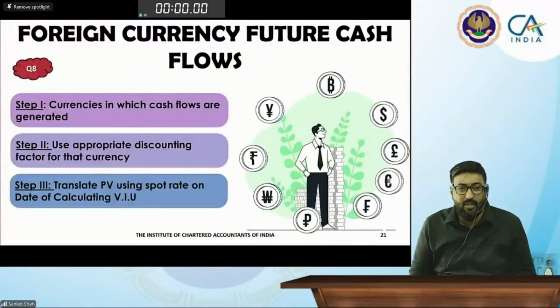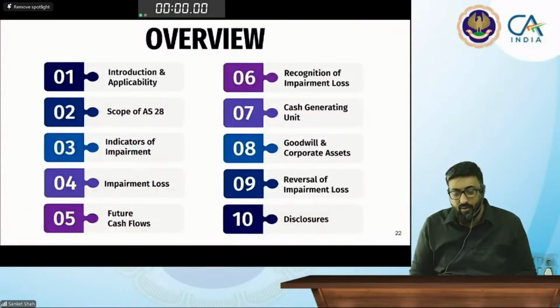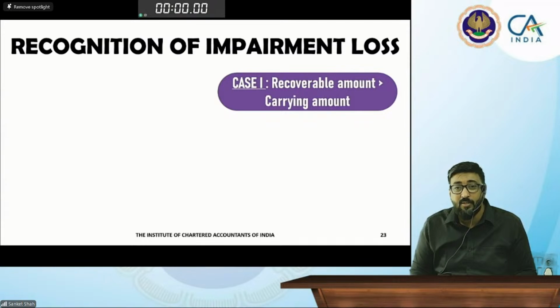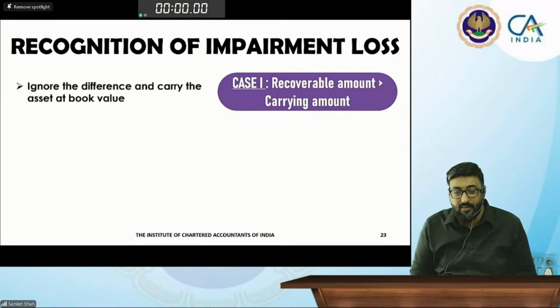Foreign currency cash flows, if you are generating in the foreign currency. So finally, this is the summary. First, you will calculate recoverable amount. If it is greater than carrying amount, whether there is impairment, no impairment. Ignore the difference.